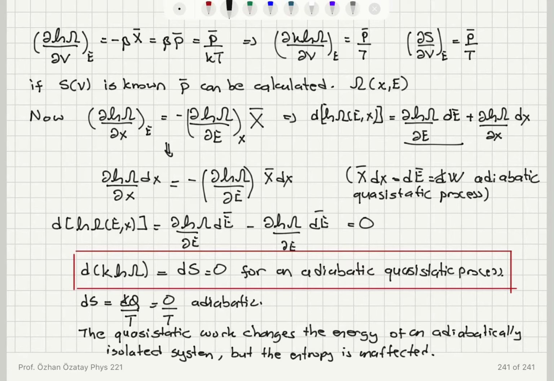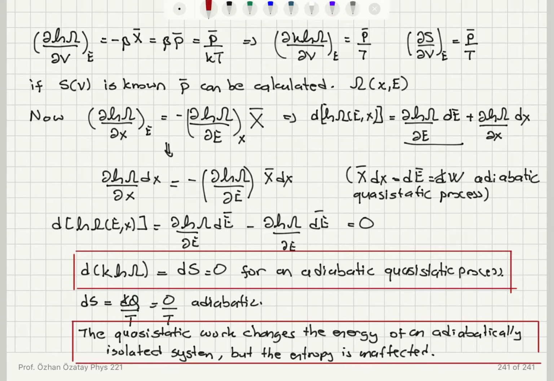So this is our main conclusion. The effect of changing the external parameter adiabatically is to change the energy of the system according to the first law of thermodynamics, but the entropy is unaffected.